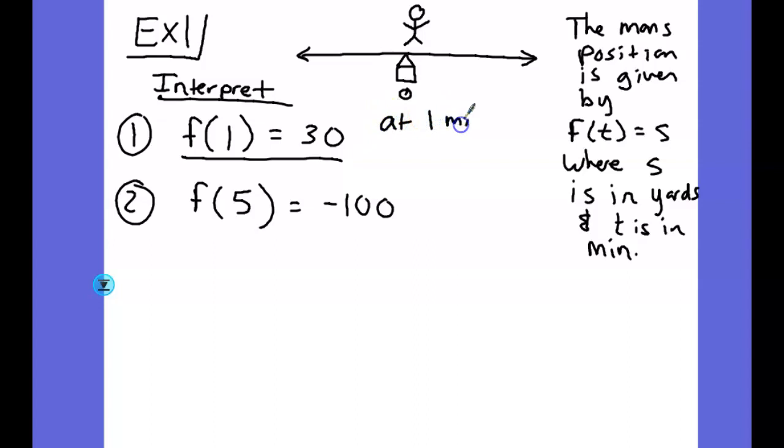At 1 minute, he is 30 yards to which direction? Right. To the right of his house. That's what that means. At 30 yards, at 1 minute, he is 30 yards to the right of his house.